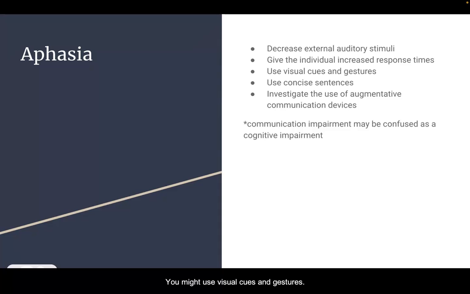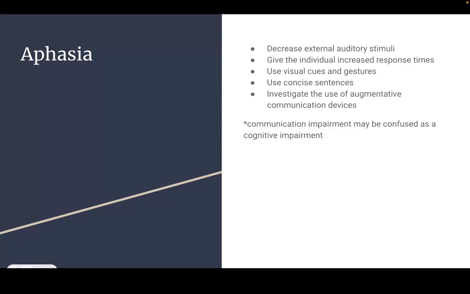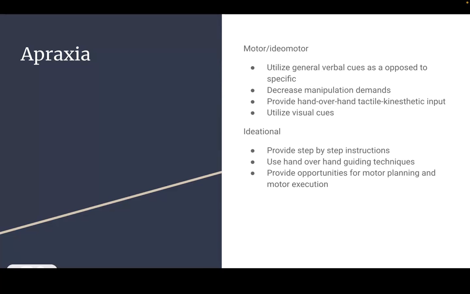You might use visual cues and gestures, using clear, concise sentences, and this is the client that you might use AAC devices with. Please be sure to understand that a communication impairment should not be confused with a cognitive impairment. So really understanding what the difference between those two are.